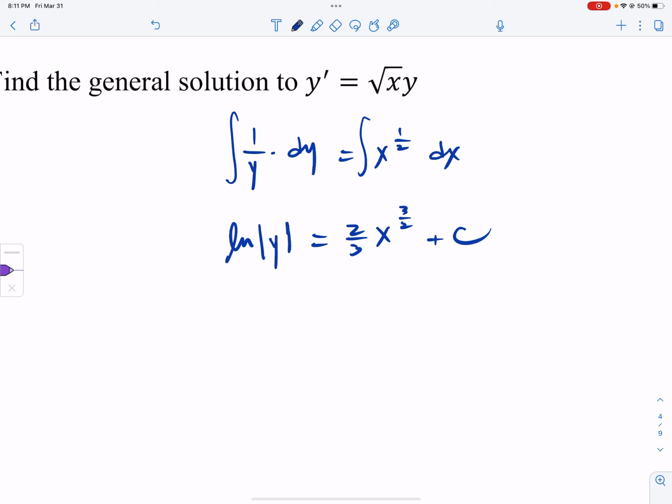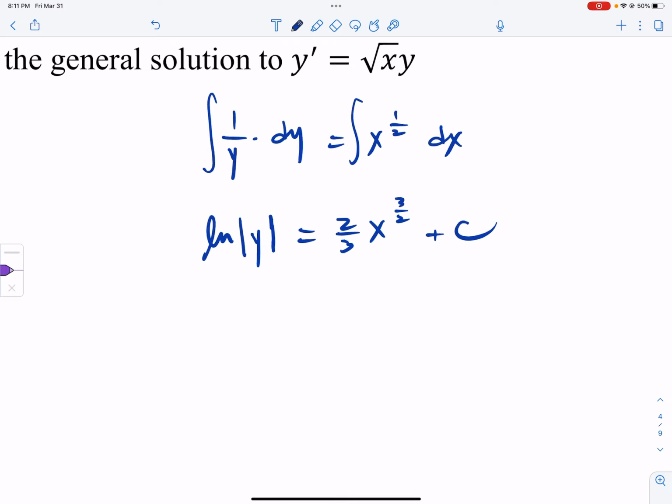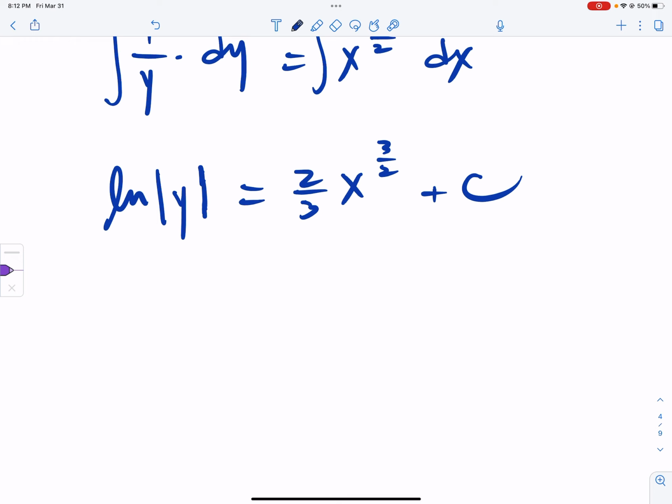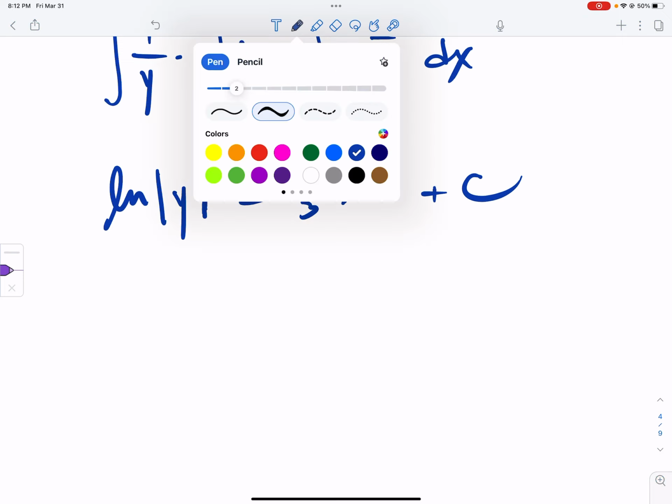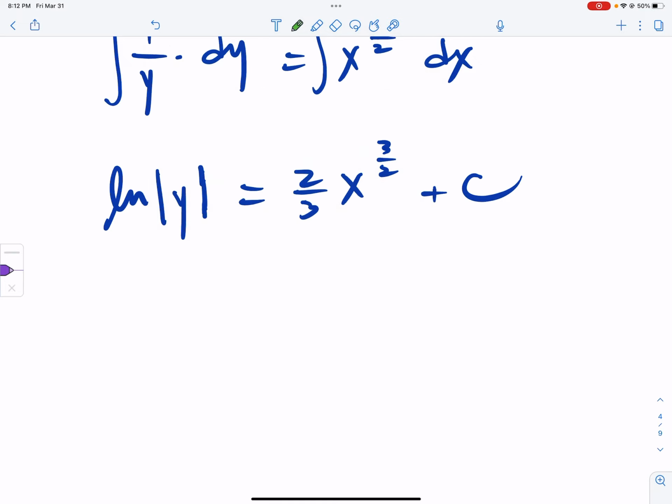However, for application purposes, the way that you would probably see this come up would be the solution written as y equals, so that you could see the solution as a function, an equation that represents a function. So we can do that by using our logarithm properties.